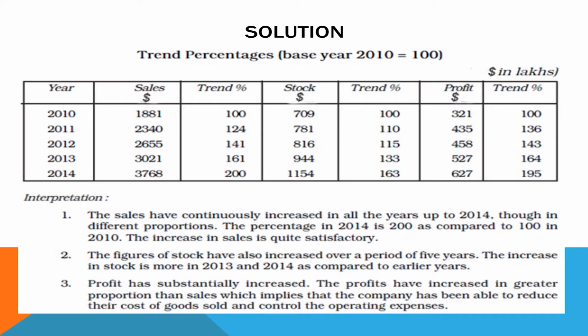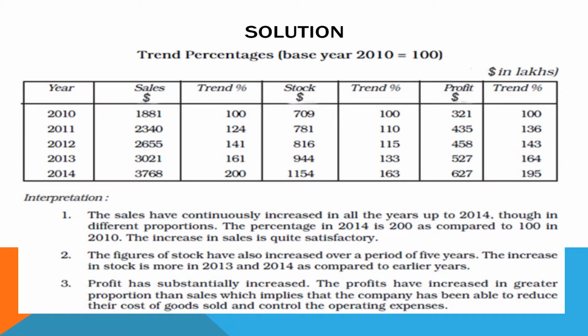So we will calculate the percentage change by dividing 781 with 709, which comes to be 110%. Again, on the next year, 816 will be divided by 709 and multiplied by 100 in order to get 115 as percentage. Same applies to 2013 and 14.